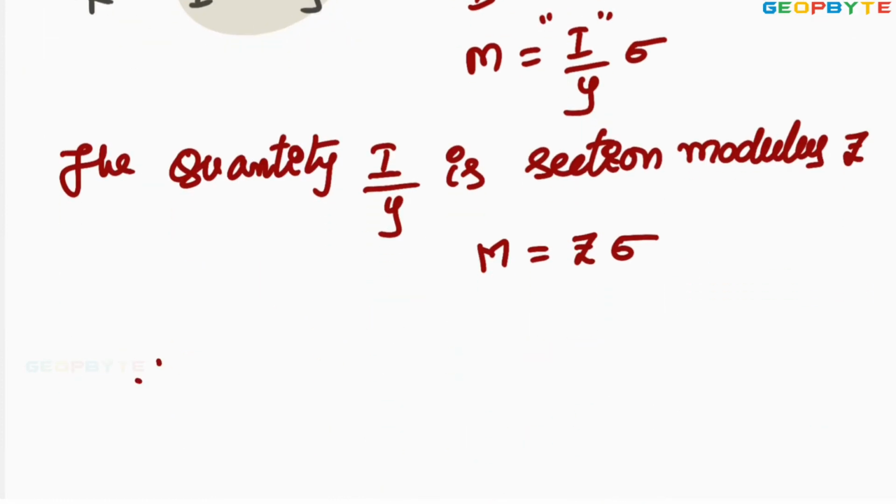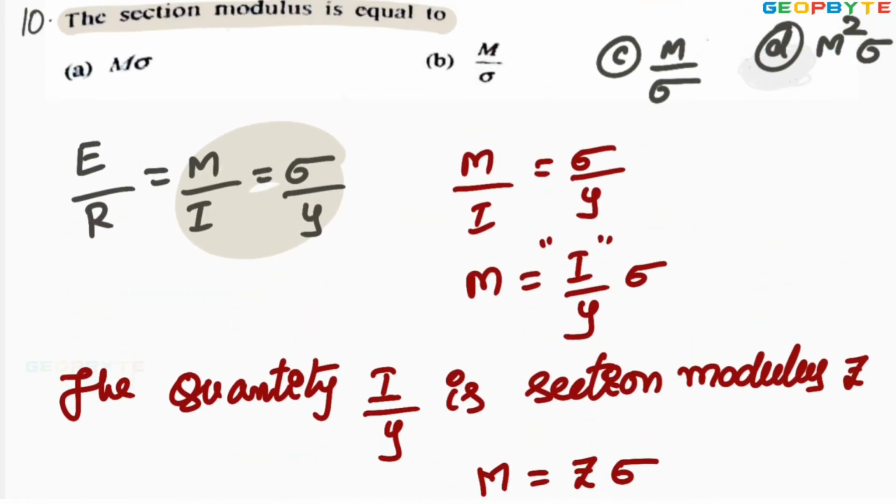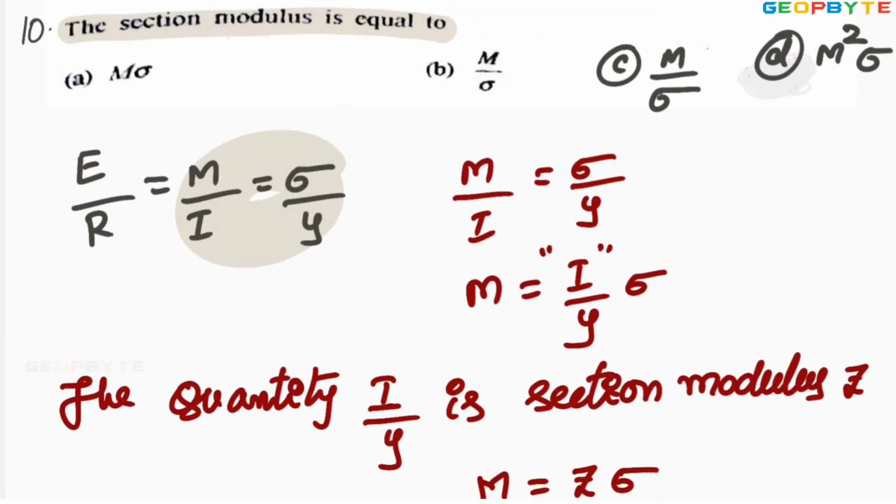Therefore, the section modulus Z equal to bending moment by stress. That means the ratio between the bending moment and bending stress is ideally equal to section modulus. So option B is absolutely correct. I hope you understood. Let us go for the next problem.